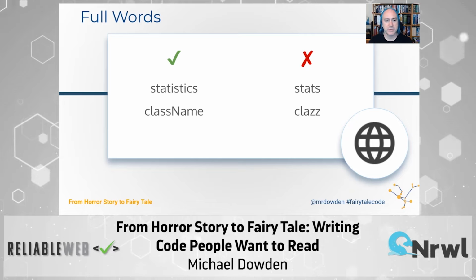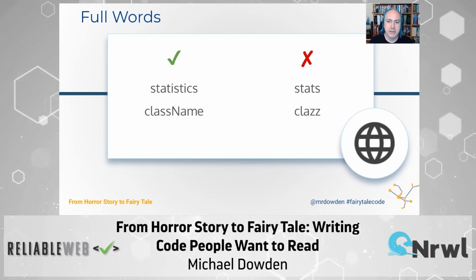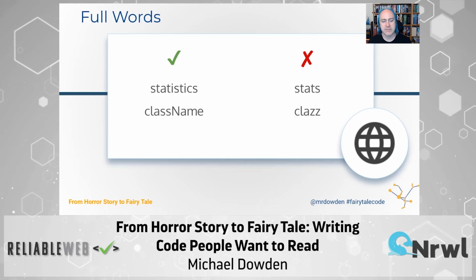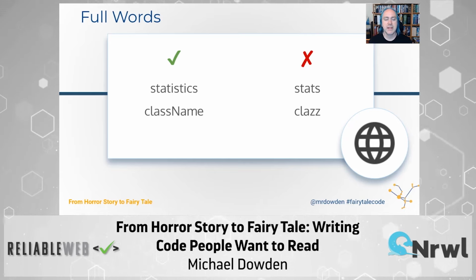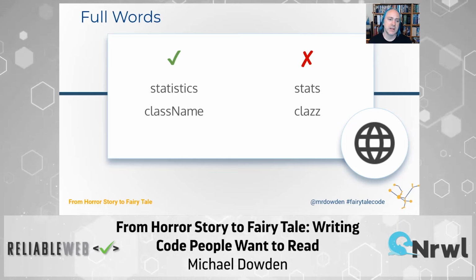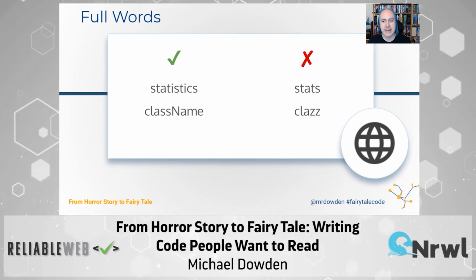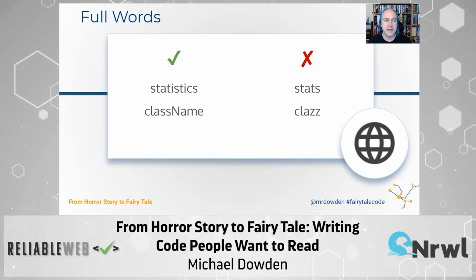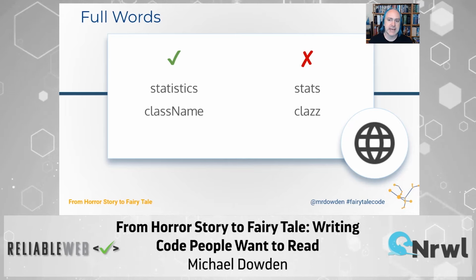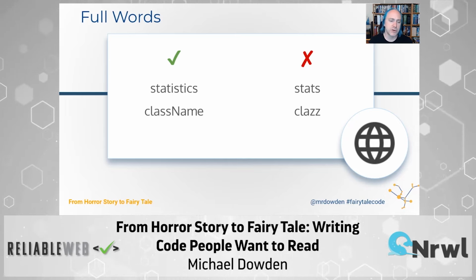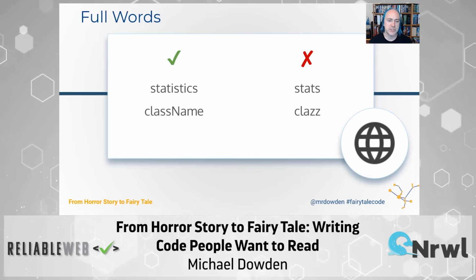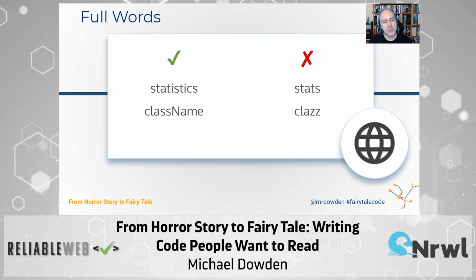One of the ones that drives me crazy is in Java, in CSS, and a variety of programming languages, I see class represented with Z's. I've seen KLASS, for example, for class, because the HTML class attribute is also a reserved word in most programming languages, so you can't just use the word class. But instead, we could just be more specific.